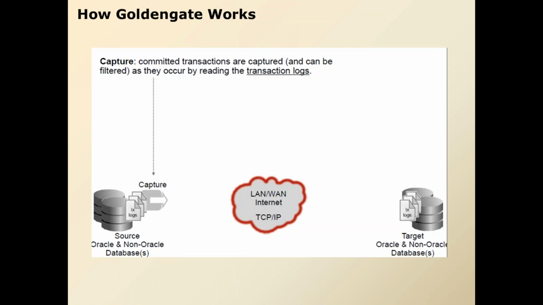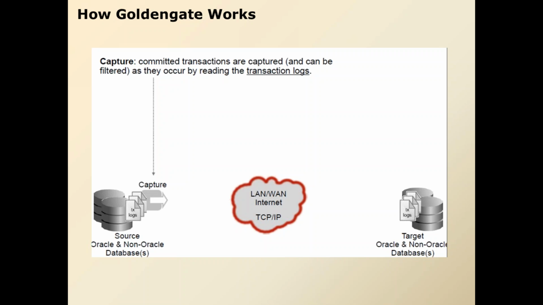So you have source database and target database. Every database has its own transaction logs in which the changes are stored. In case of Oracle, these transaction logs are known as redo logs, or backups of redo logs, which are known as archive logs.